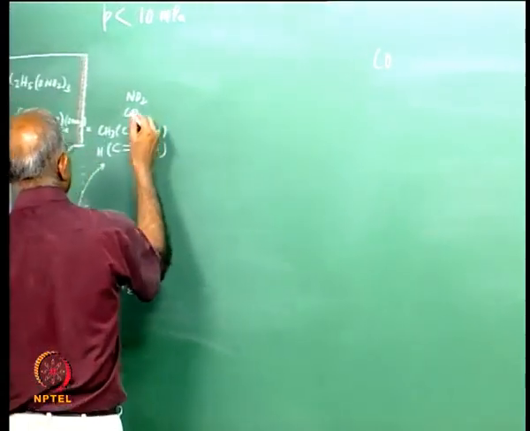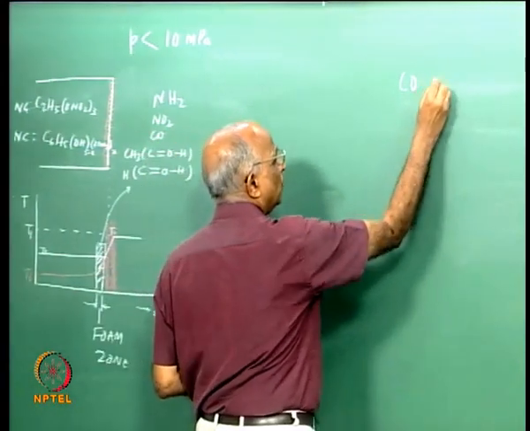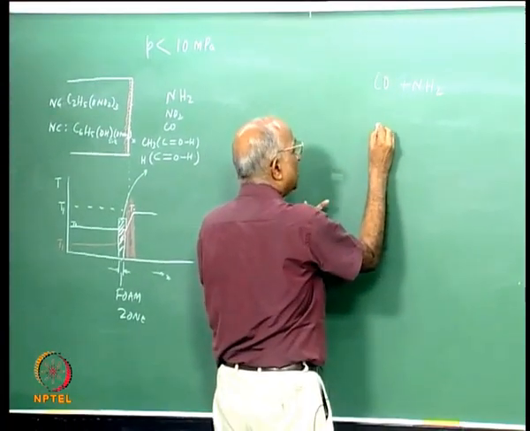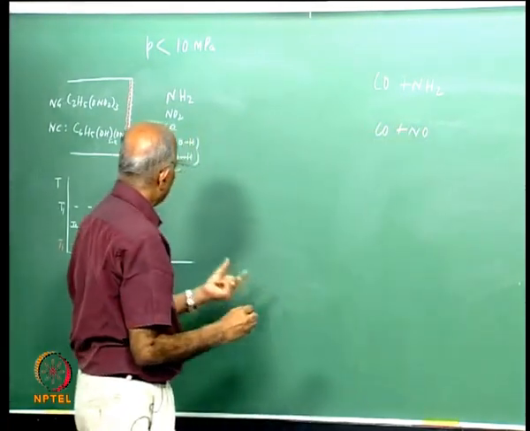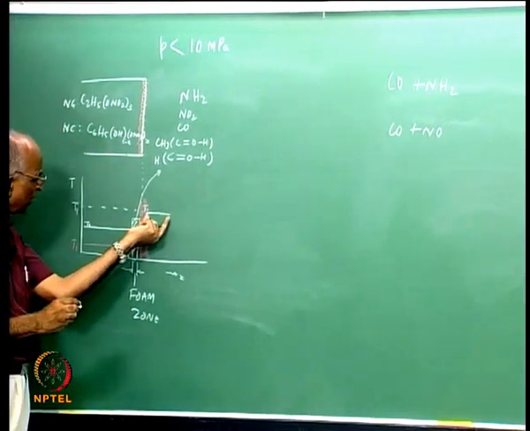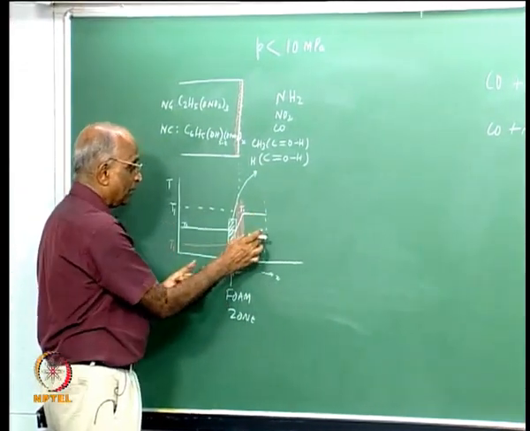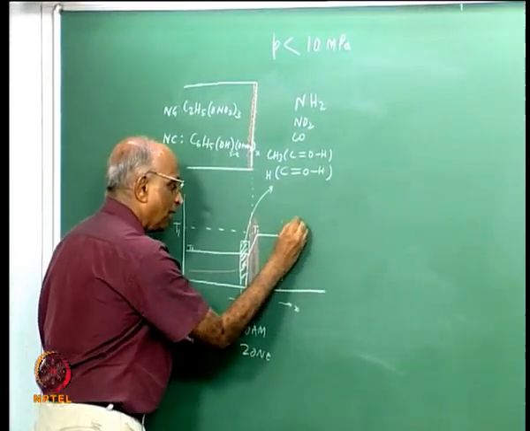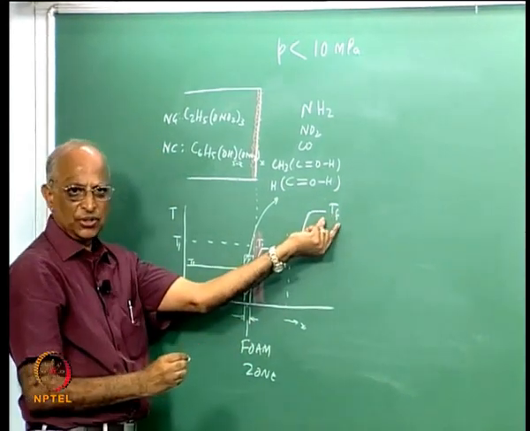In addition to aldehydes, even NH2 is formed, maybe CO plus NH2 reacts, and like this maybe CO and NO react, but these are not very exothermic reactions, and therefore the temperature remains fairly constant till the ignition time, that means it is a precursor to the final reaction. Thereafter a final reaction takes place and the final flame temperature is reached.